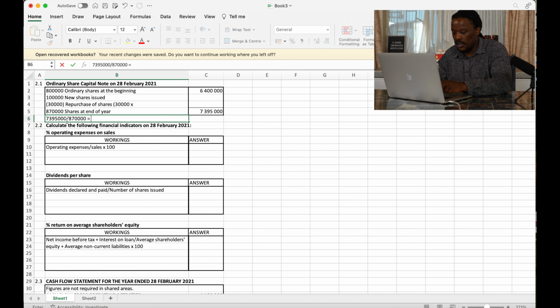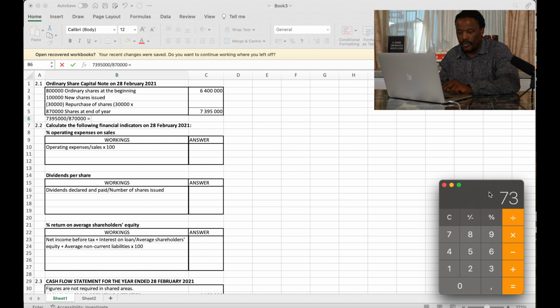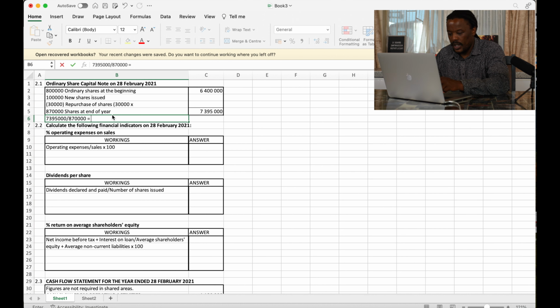Let's open our calculator and see what we can get. You can also open your calculator. 7,395 million divided by 870,000. What is the price there? The price is 8 rand 50.